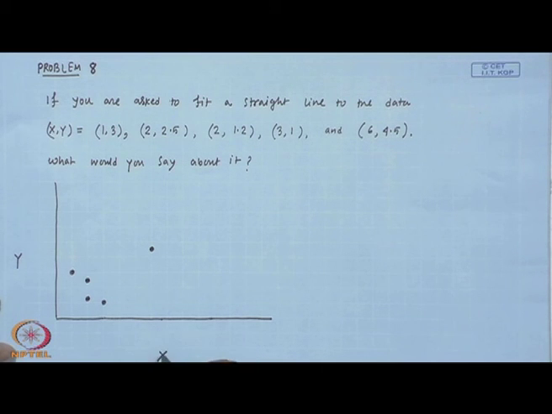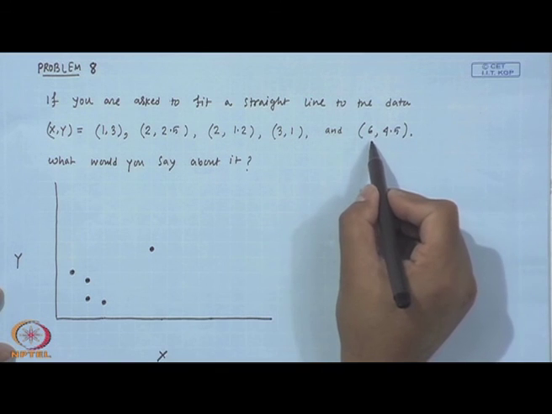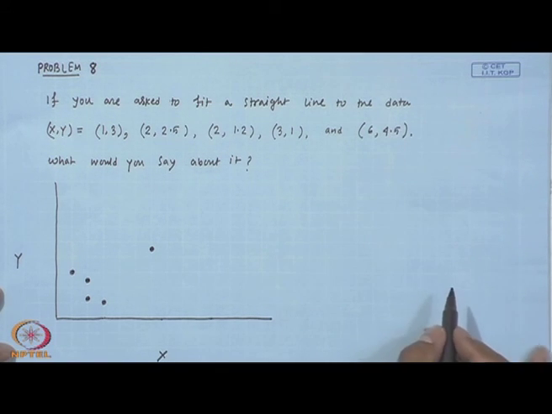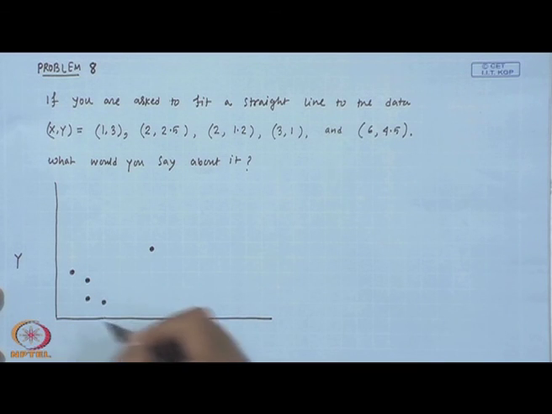So, this is my x axis, this is my y axis, and here, do you have anything to say? Because see here you can see that this particular point, that is 6, 4.5, is not in the usual trend of the data.